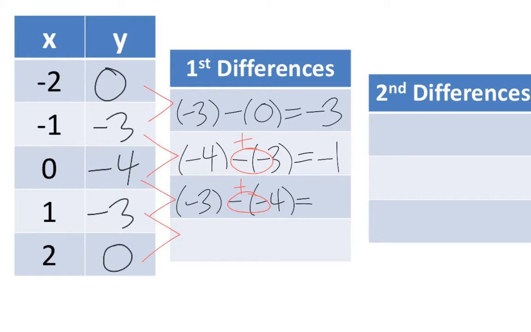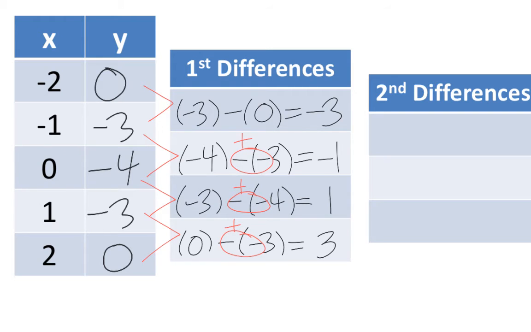And what you have here is -3 plus 4, which is +1. And last but not least, I have 0, and I'm going to subtract the previous number, which is -3. When you have two negatives together, that becomes positive. So 0 plus 3 is 3.